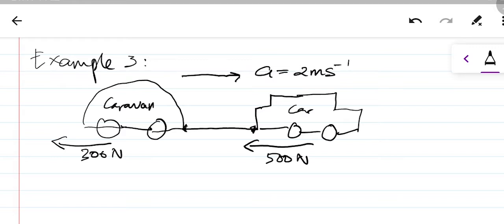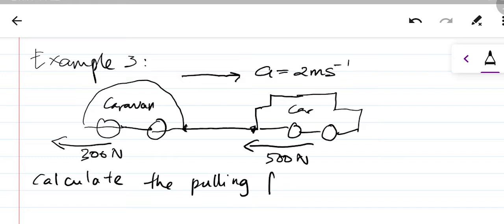So the question is: calculate the pulling force of the car. That is number 1.